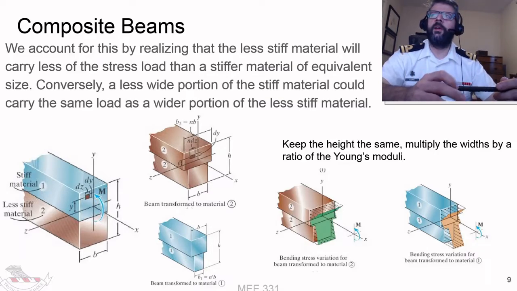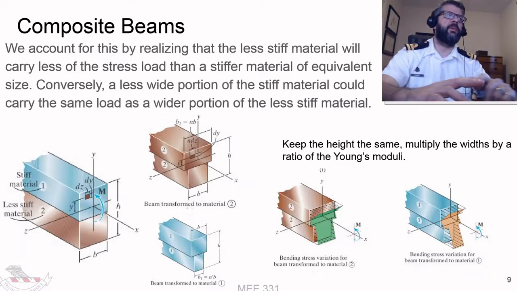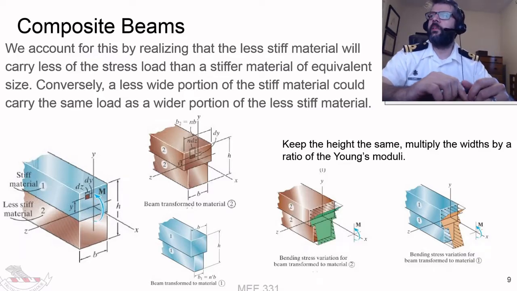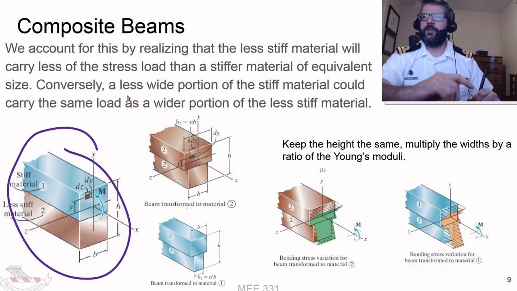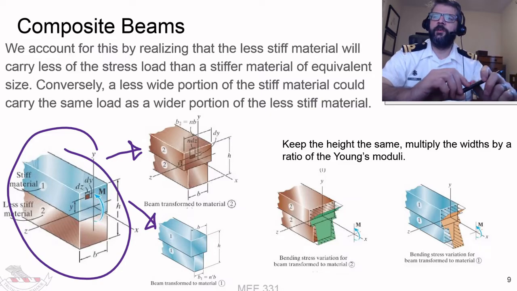Or the other way around, a less wide portion of the stiff material can carry the same load as a wide portion of the less stiff material. So we take the composite beam and transform it into a beam of a single material by increasing or decreasing the widths of the two materials.